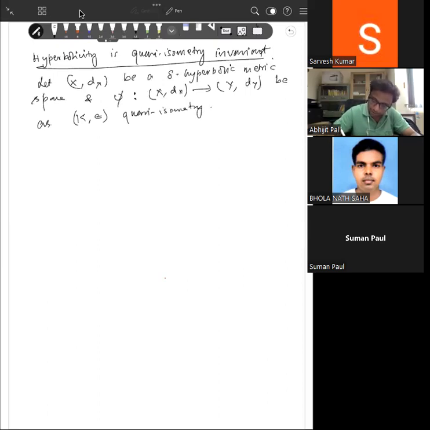Then the claim is that there exists a number delta 1, depending on delta, k and epsilon, such that Y is a delta 1 hyperbolic metric space.